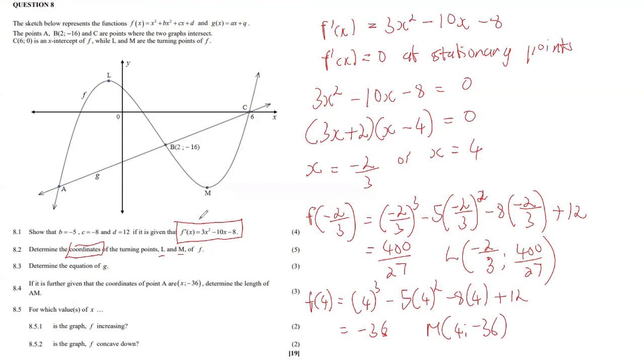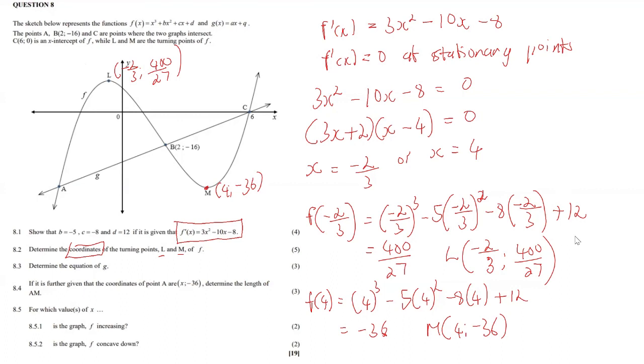It makes sense for where it is in the Cartesian plane. So we have here (4; -36), and there we have (-2/3; 400/27). So that's how you find the coordinates of the stationary points.